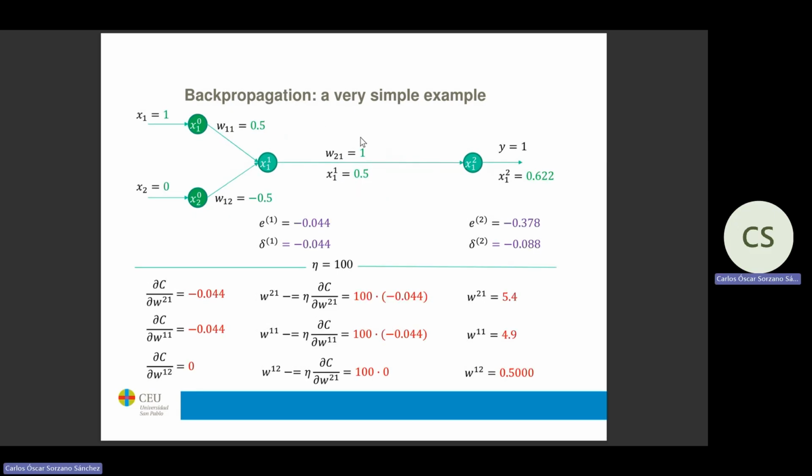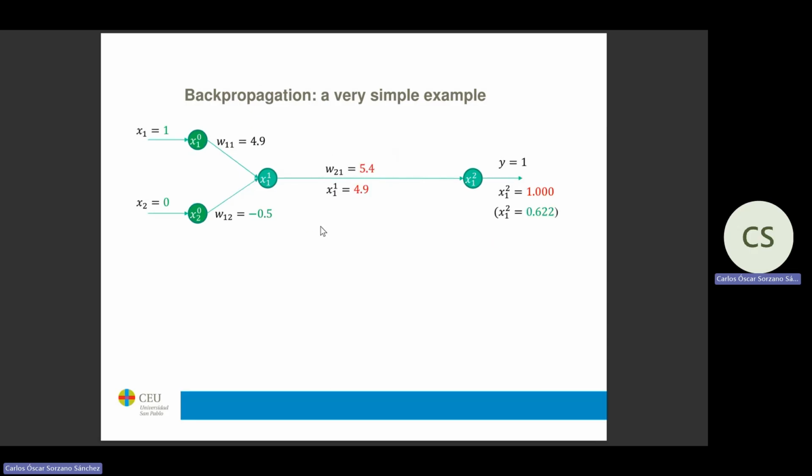Very good. Let's say that my learning rate is now 100. So if my learning rate is 100, these are the new weights. And if you compute the output for the new weights, then the output is 1. So you are exactly at the desired output.